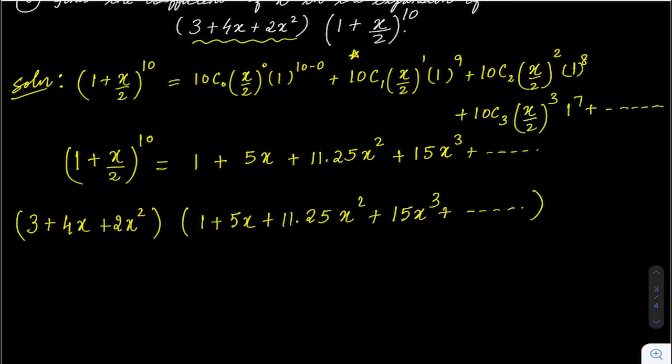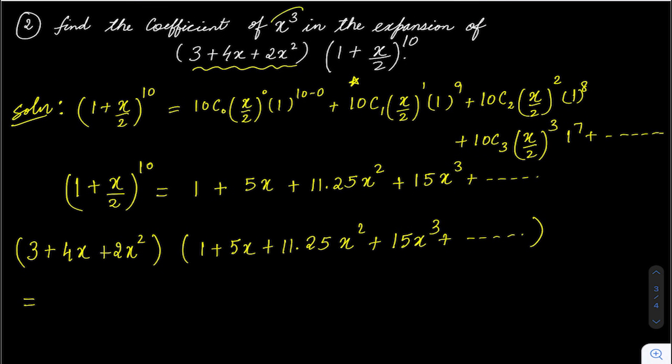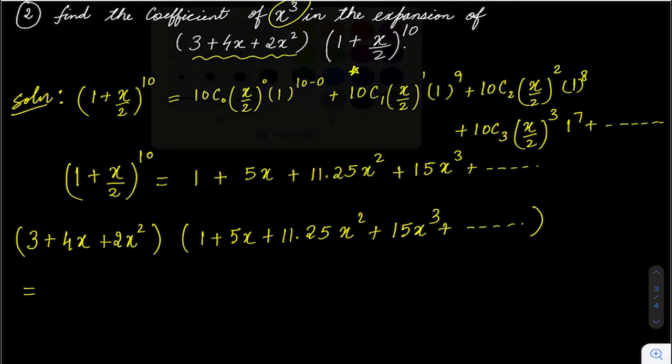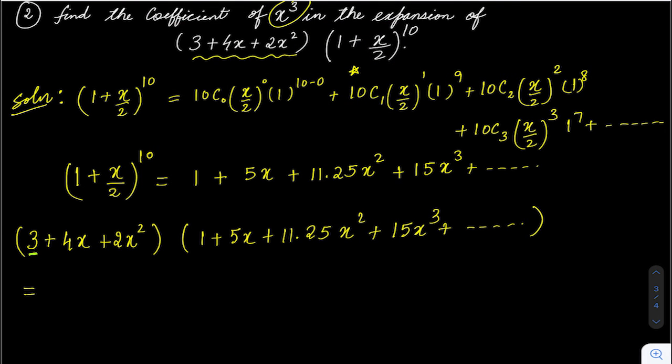Okay, so first thing first, when you multiply this 3 with all these terms in the second bracket, we are looking for only x cube terms. So obviously we will get x cube only when this 3 is multiplied by 15x cube, right? So that will be my 45x cube. So I am writing only x cube terms now. Okay, what else is there?